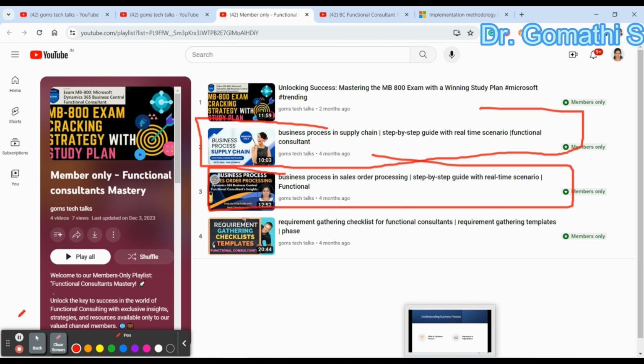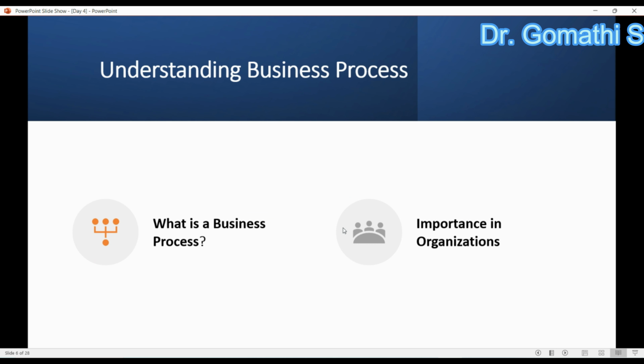So this is the business process, a set of linked tasks. So what is the importance in an organization? Business processes are integral in streamlining operations, making them more efficient and effective. By establishing clear and optimized processes, organizations can ensure consistent quality in their products or services, which is crucial for customer satisfaction.